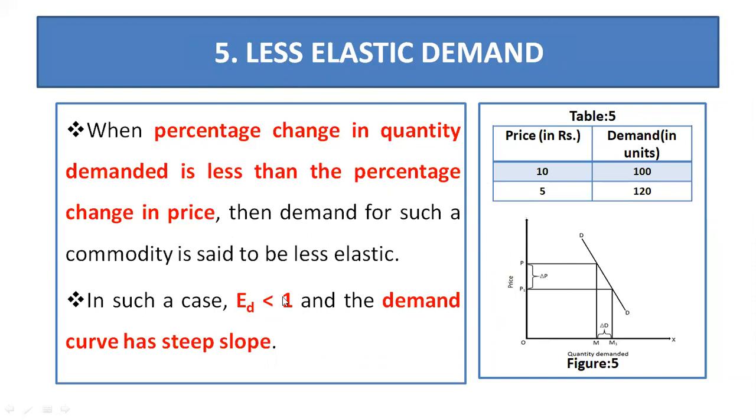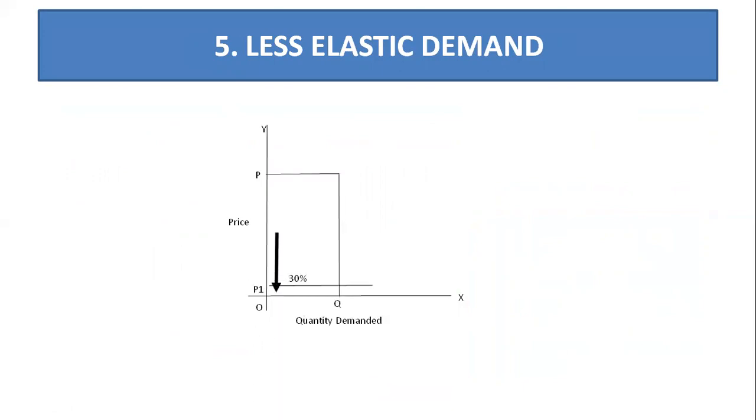Now in this case, we will get the coefficient value always less than 1 and the demand curve has a steep slope. Let us see how to draw it. First of all, draw x-axis. Now draw y-axis and label it as P. Now draw at original price, original quantity demanded.